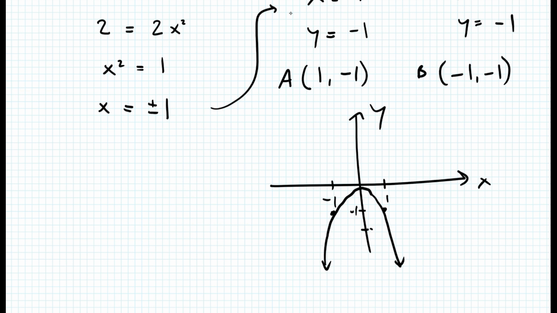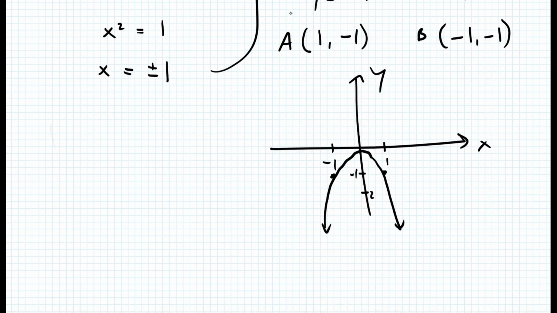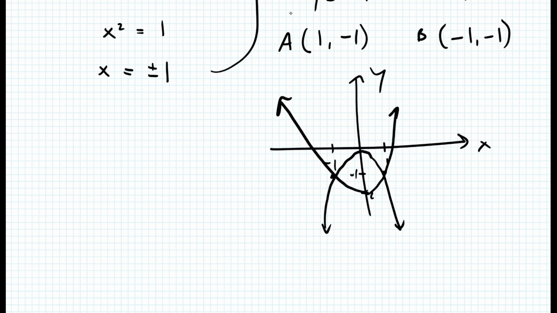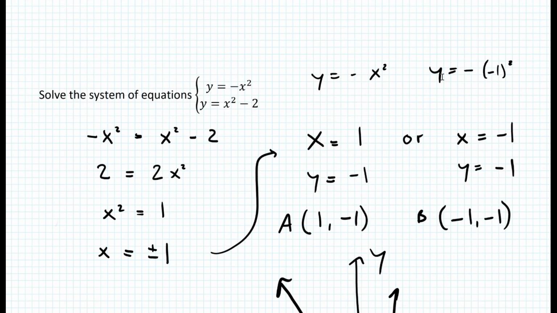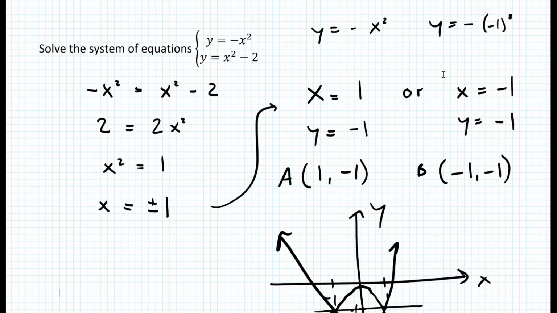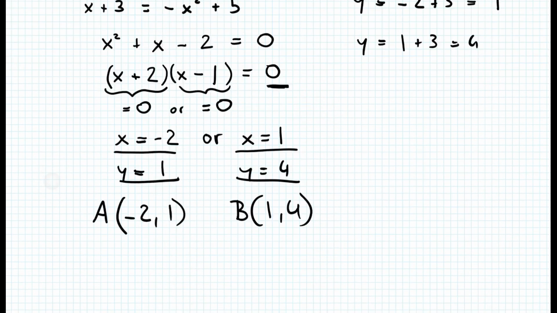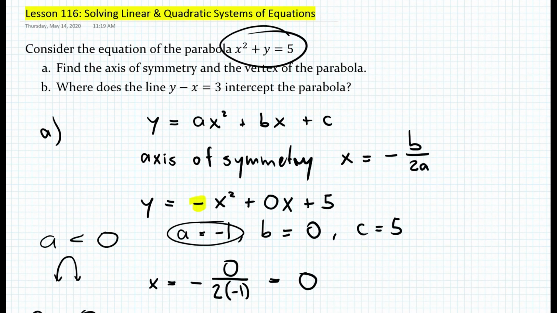Here we have another parabola that intersects at negative 2 on the y-axis, but then it opens upwards like this. And that's the reason why the y values are the same, but different x values. But anyways, this is basically how you would solve systems of linear and quadratic equations.